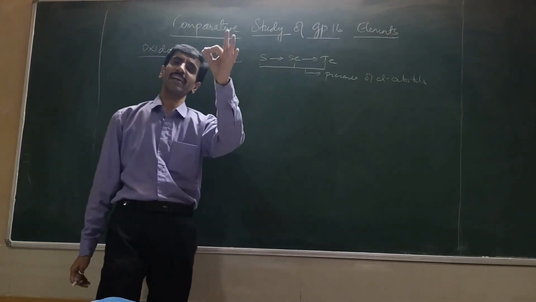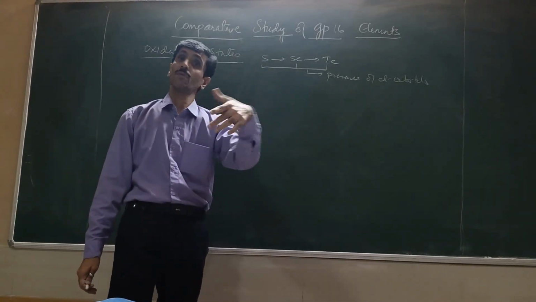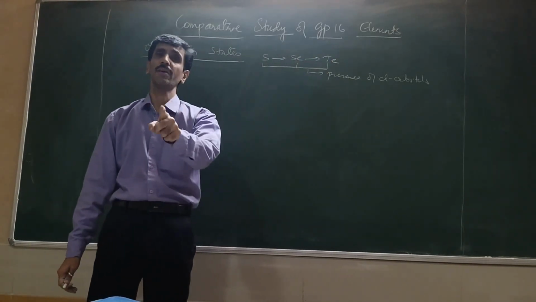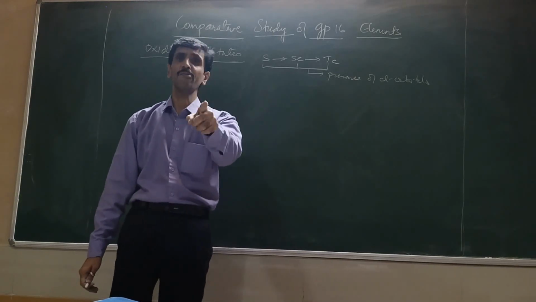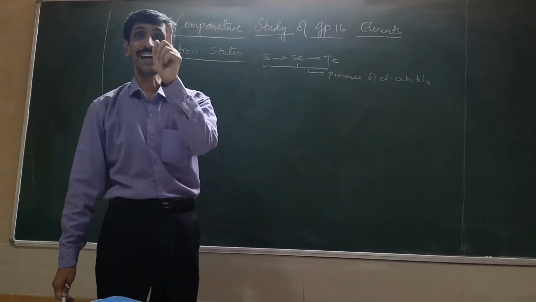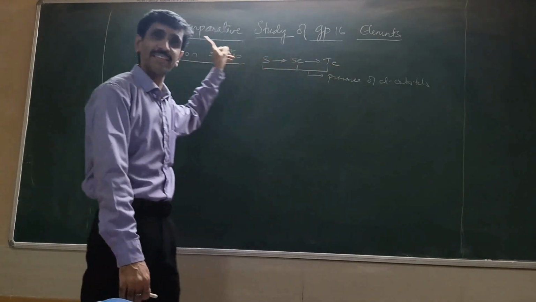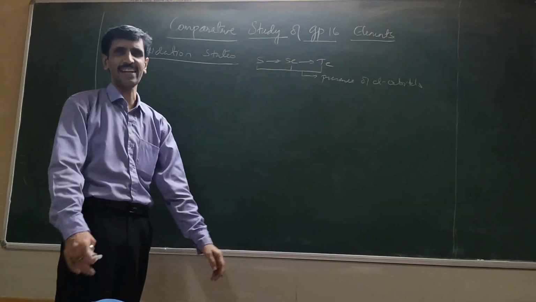With the help of an example of sulfur, you can apply it to selenium and tellurium as well. So, with the example of sulfur, I am going to explain the relevance of the presence of d orbitals on oxidation state. So let us start.